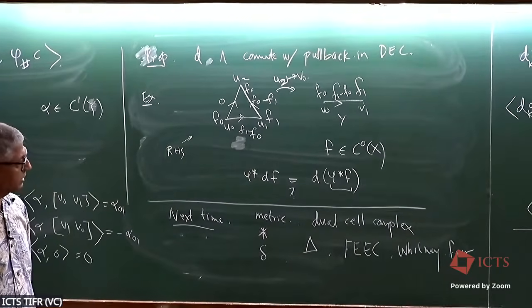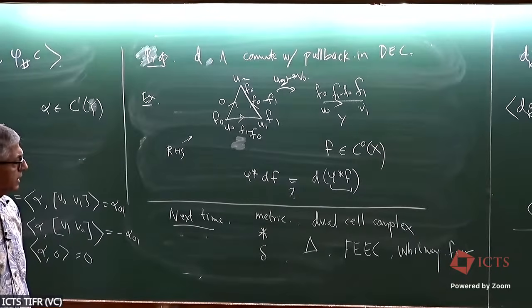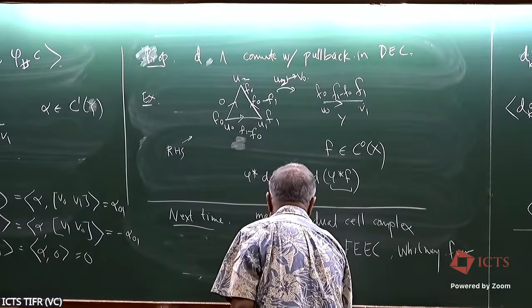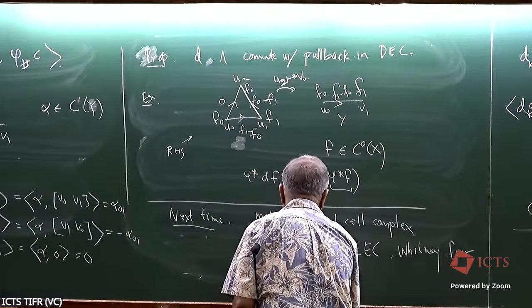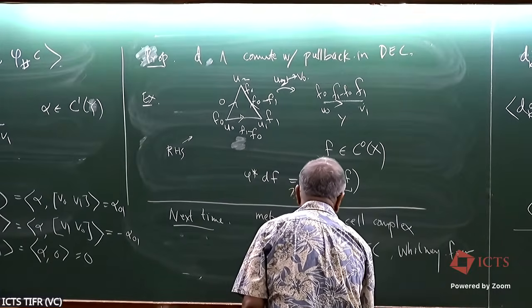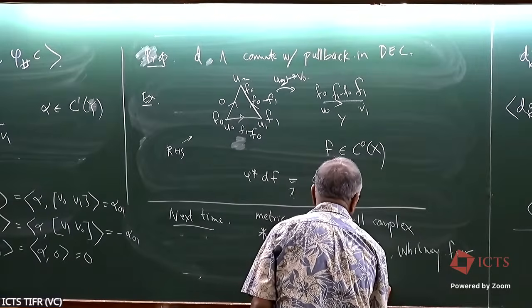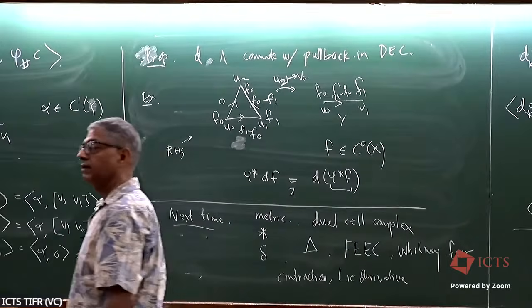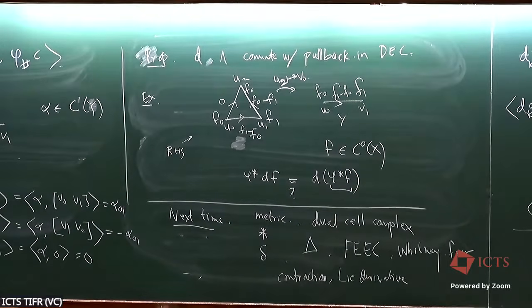So Hodge Laplace problem, and then some other operators in DEC which use, surprisingly, contraction and Lie derivative. So Lie derivative is something that you need to discretize the U dot nabla U operator in Navier-Stokes. And Lie derivative can be written in terms of contraction by something called the Cartan formula.